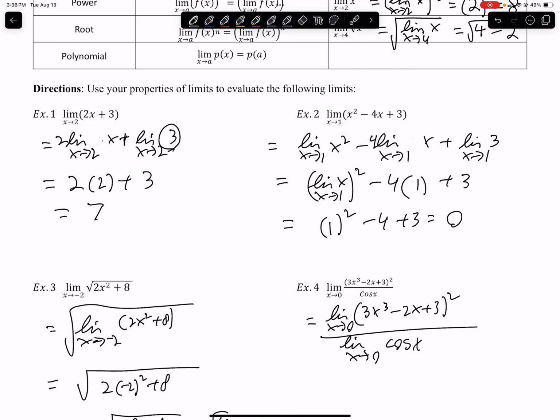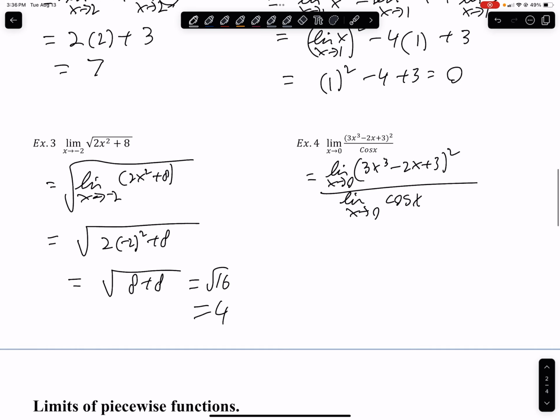Okay, I'm going to take a couple of shortcuts. This is to save you time because this is a really long video. There's a squared. The rule is I can take the limit of the function first, then square it after. So I will do that. So take that limit, then square it.